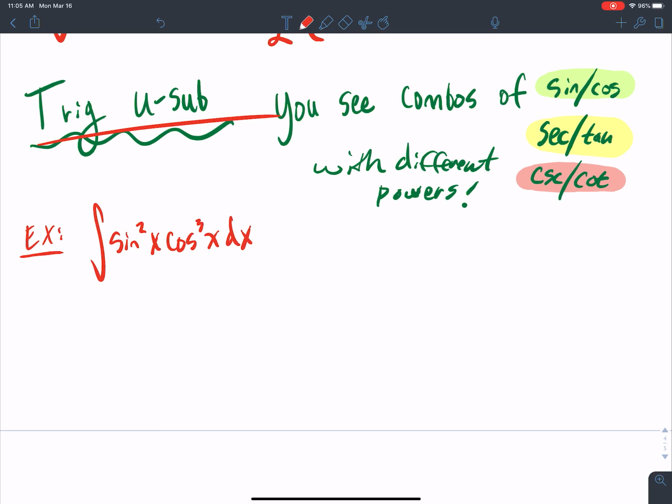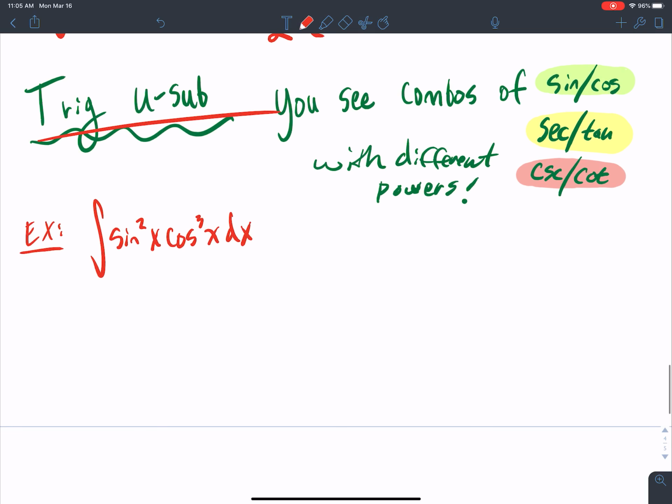If I have an odd power of either one, then that's a good one to strip, because the Pythagorean identity deals with even powers: cosine squared x plus sine squared x equals 1. So if we can get rid of the odd power, then I can solve for 1 pretty easily.